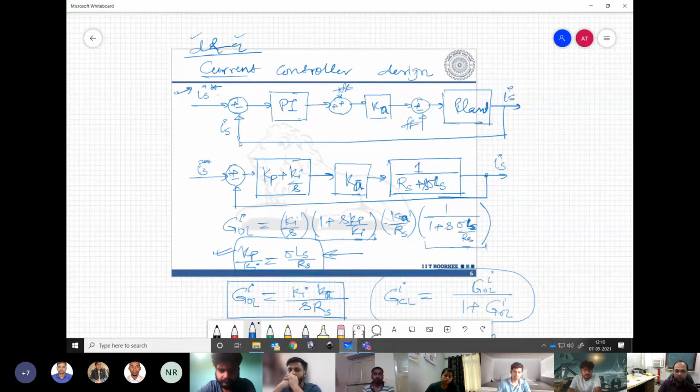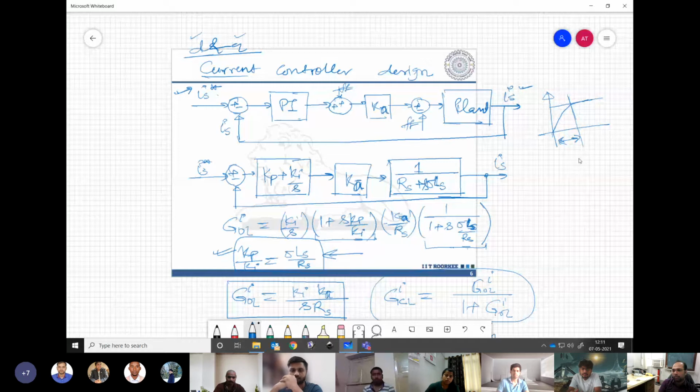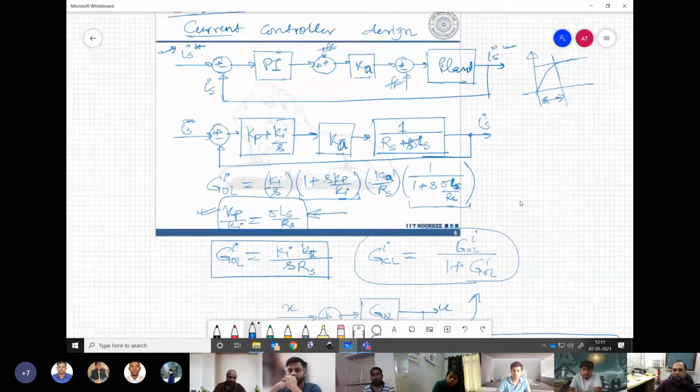Now after this, what we want is that our output should track this reference, and overall it should have a very small time, what is called, in a first order system there is nothing called settling time, but you may call it a very small time constant for tracking. This is what we do by deciding the bandwidth of the system.